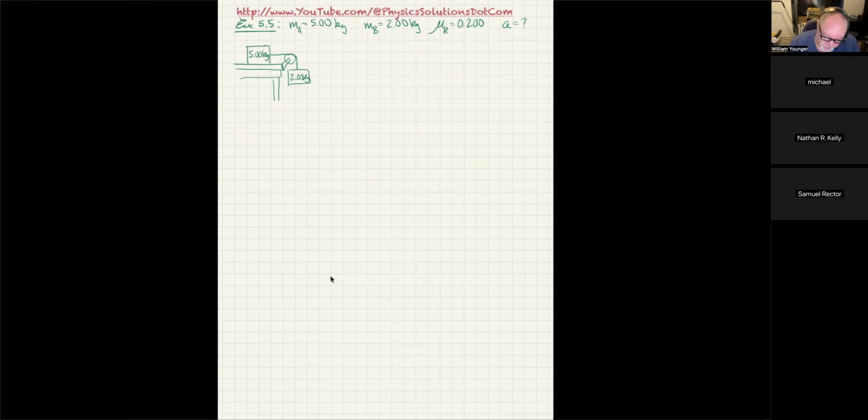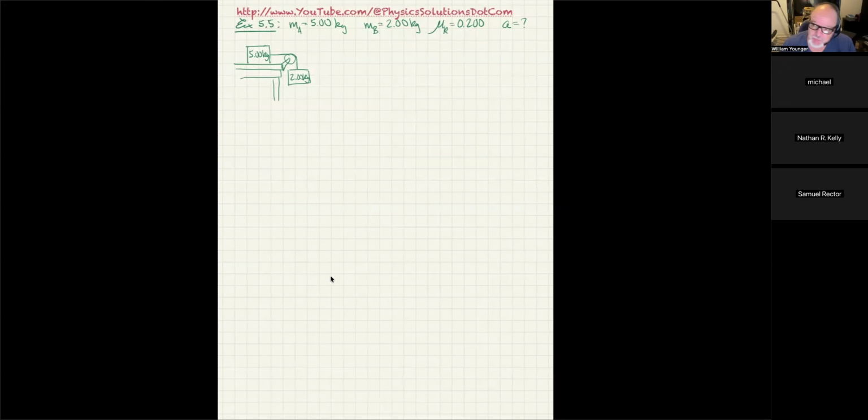And it's got to pull that rope and pull that 5 kilogram box against friction. So if the pulley is actually massive and has friction, then you can clearly see that the tension on the right, between the pulley and the 2 kilogram mass, has got to be larger than the tension on the left.